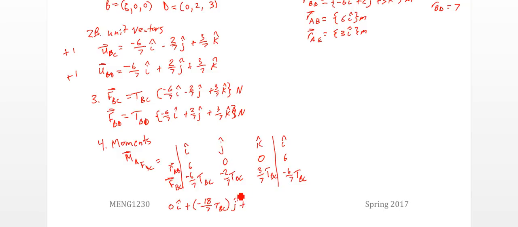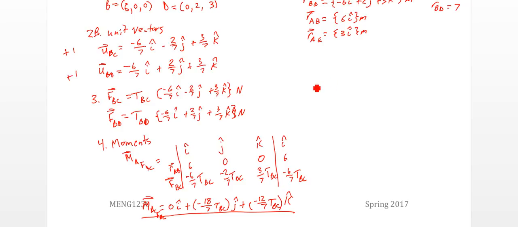And in k, we have 6 times negative 2/7 tension BC minus 0, so we get negative 12/7 tension BC in k. So that's our moment around A due to the force BC.